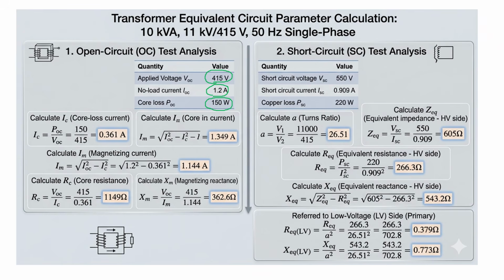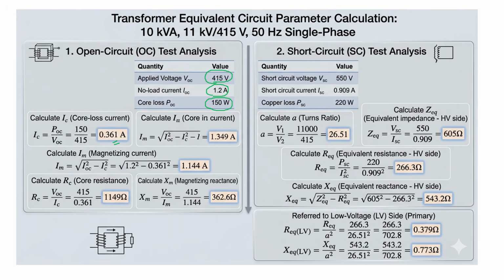From that, we calculate IC, the core loss current. The core loss current is obtained by using the open circuit power divided by the voltage. So this magnitude of current is obtained.